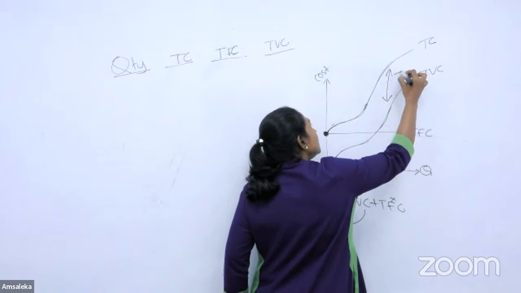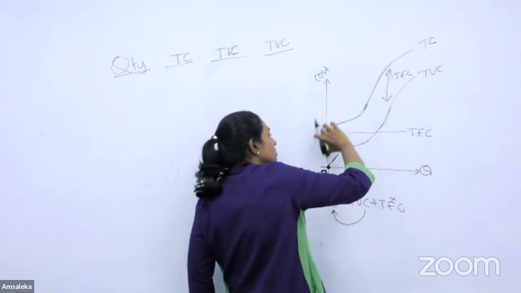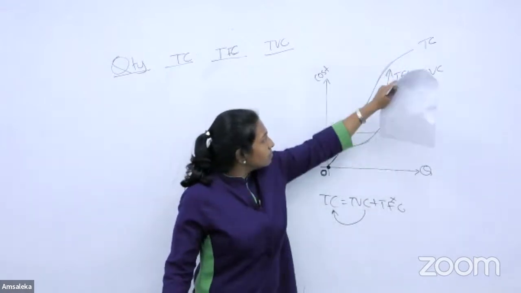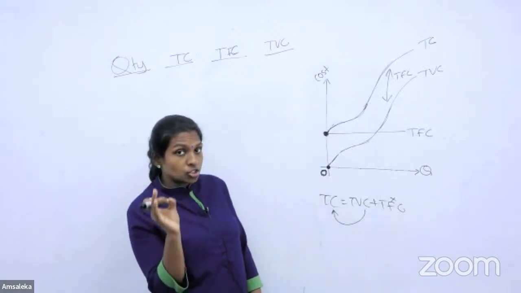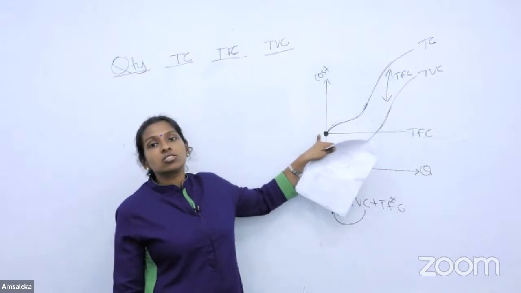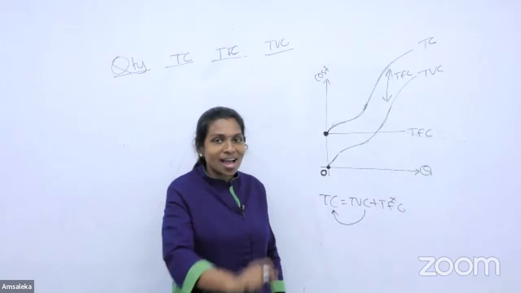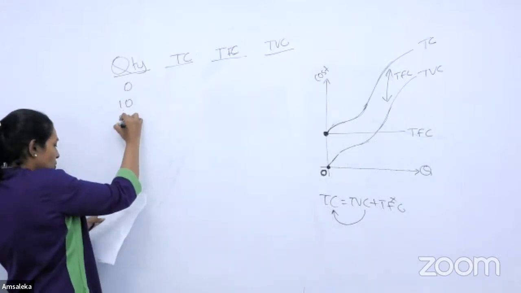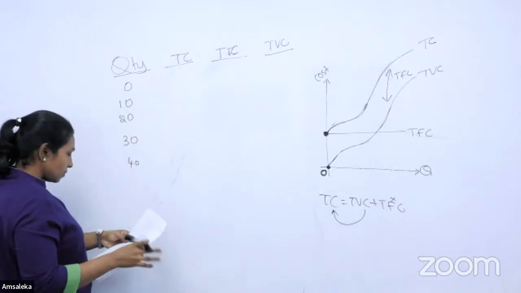The gap is TFC, which never changes. You see, they go as parallel curves. TC comes from the addition of TVC and the gap TFC. And at zero production, there is an existence of total fixed cost. Right, now accordingly I'm going to ask you one question. Now 0, 10, 20, 30, 40 is given.